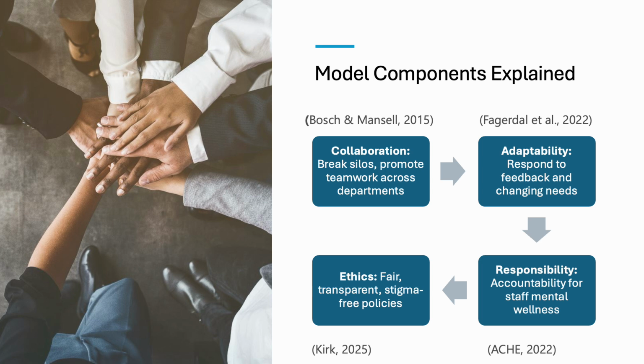Adaptability allows leaders to pivot based on evolving needs and employee feedback. Responsibility makes mental health awareness a core leadership duty and not an afterthought. And then last, ethics reinforces trust and inclusion, creating safe spaces for mental health conversations and actions.